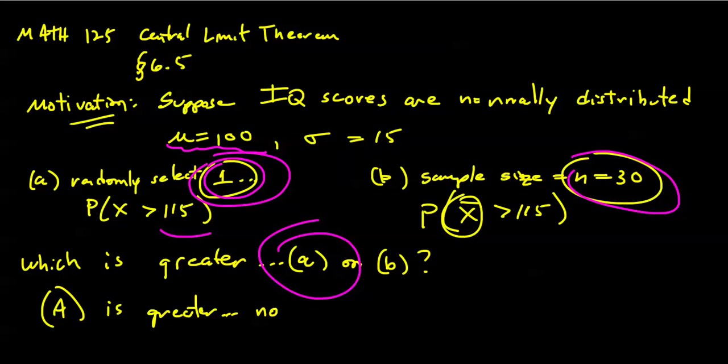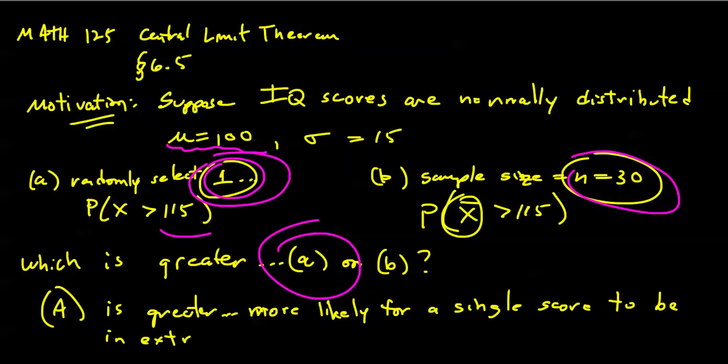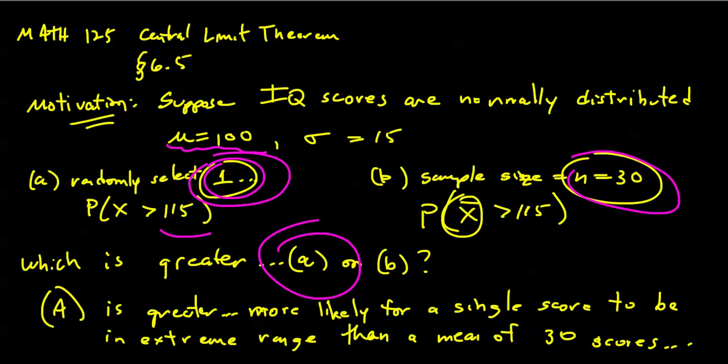I'll say it's more likely for a single value or a single IQ score to be in extreme or even higher ranges than a mean of 30 scores.